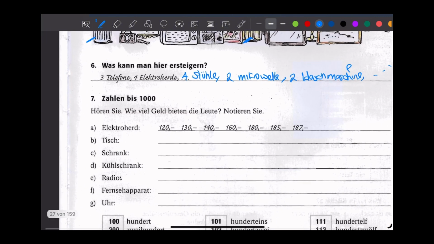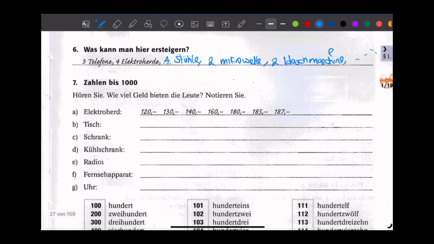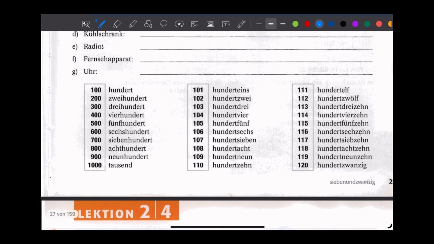So zahlen bis 1000. Hören Sie, wie viel Geld bieten die Leute? Notieren Sie. We have here 170, 130, 140, 160, 180, 185, 187. But because it's hard, we're going to skip and learn the numbers from 100 to 1000.